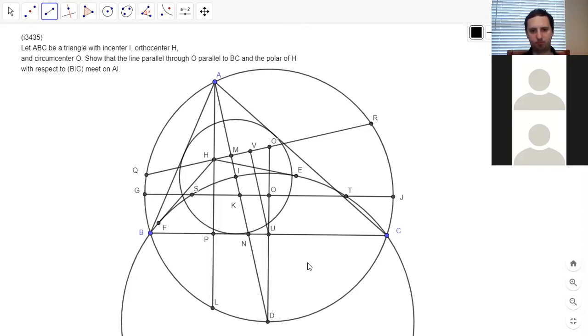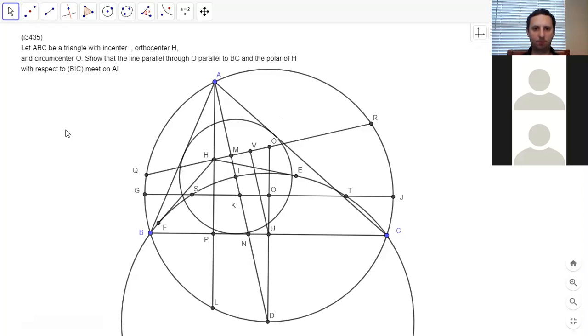Yeah, and since UV is perpendicular to HO prime, right? I know V is the midpoint. Yeah, because maybe by butterfly. No, sorry. Let's wait for a second. Okay.